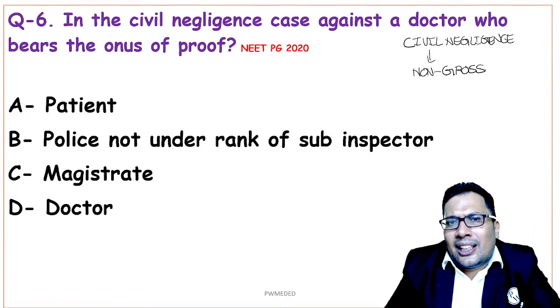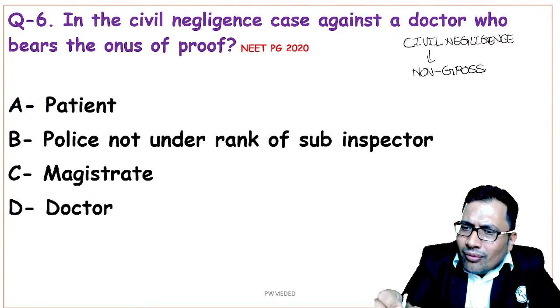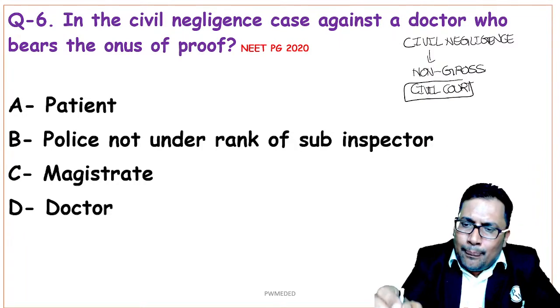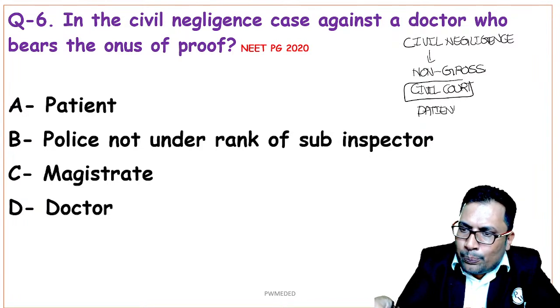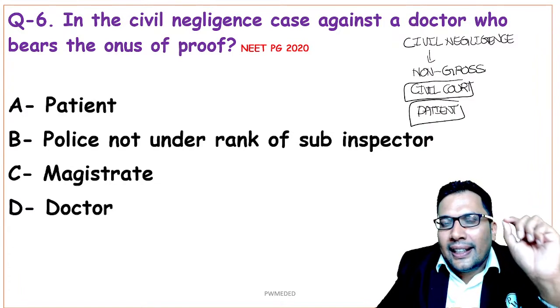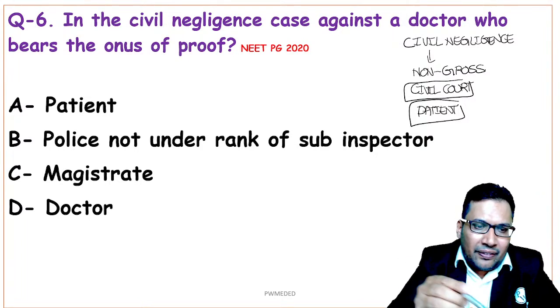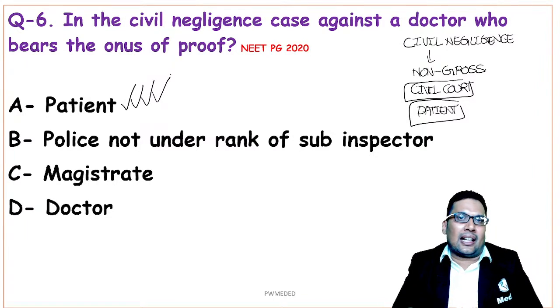Anything that is non-gross is civil negligence, so it is handled by civil court. And remember, in civil negligence, the patient has to prove the negligence of the doctor. So the answer for this question is patient. The patient is the correct answer.